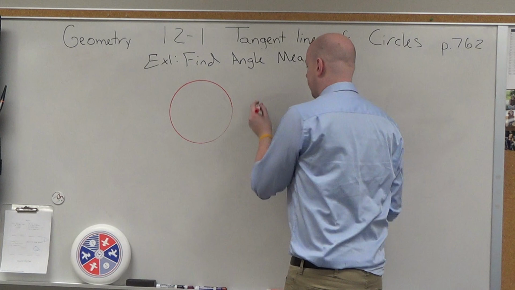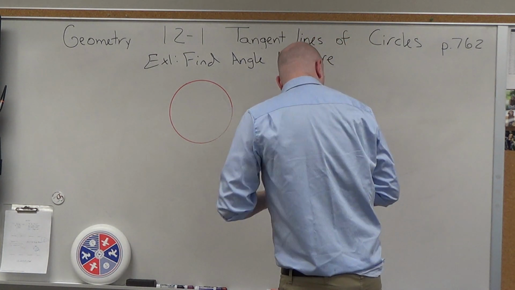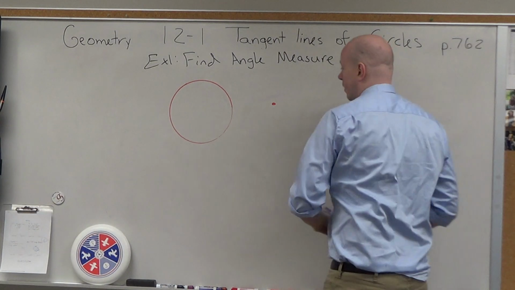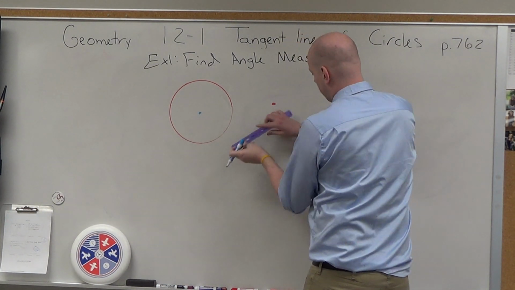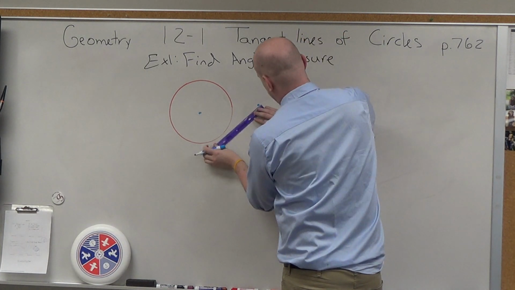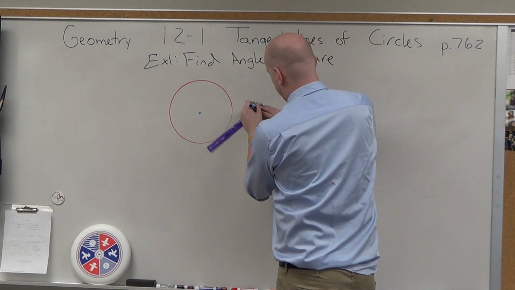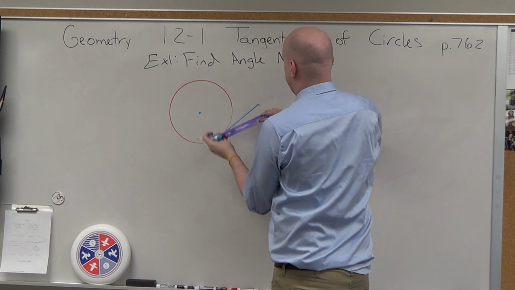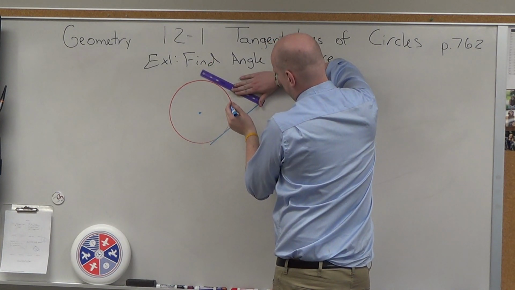So let's say I also have a point out here, and I need my ruler. Let's say I have my center, and let's say I made that line, and let's see.